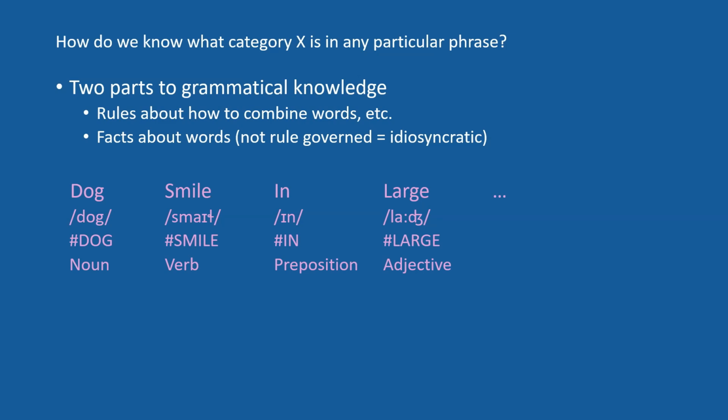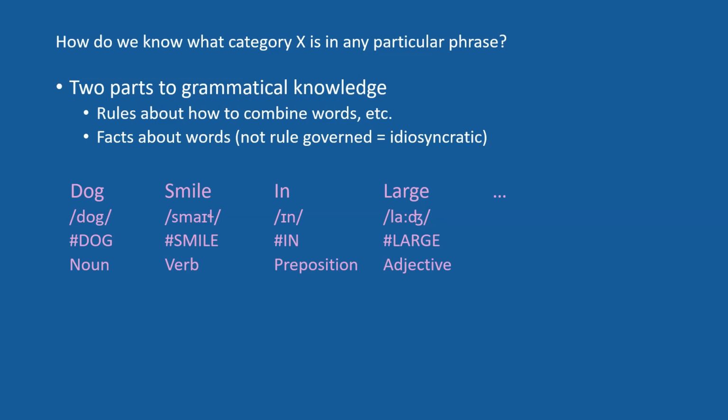Now, you have to know all of these pieces of information about every single word of the language that you know. And because it's not rule governed, because it's idiosyncratic and non-predictable, you essentially have to learn all this information piece by piece, each word at a time, and you have to store that information somewhere.